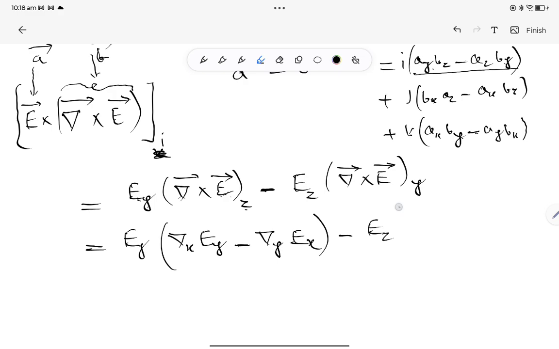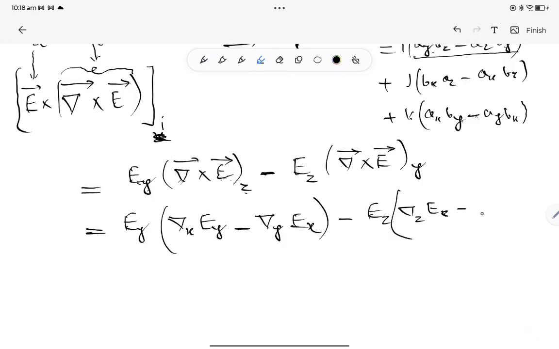Repeat the same for this. You have del cross E. That is the y component. Now go to the y component: the x component of the second vector, that is Ex, and the z component of the first, del z, minus the x component of the first vector, that is del x, the z component of the second vector, that is Ez.